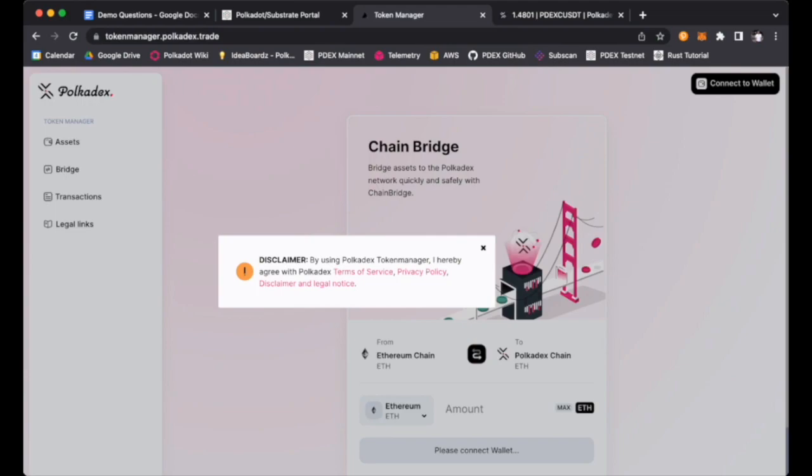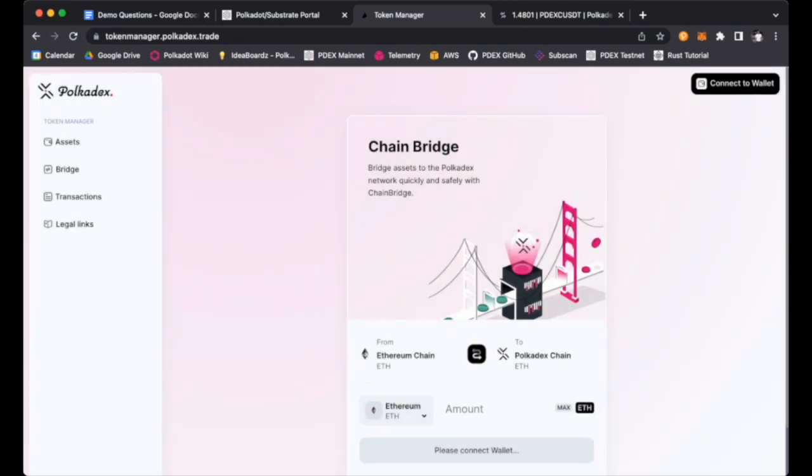Before you even get started, please know that when you're using this product, you're agreeing with our terms of service and privacy policy and other disclaimers. You can read them all here.